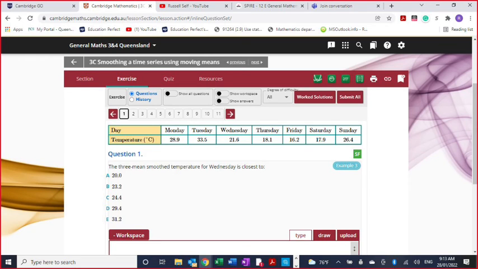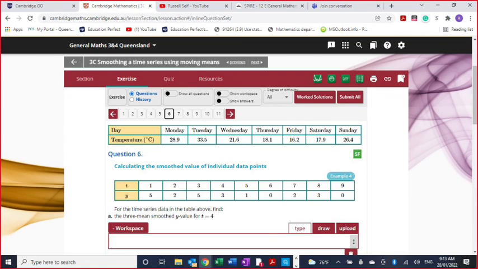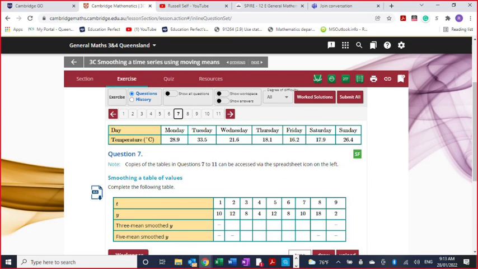So, for homework, let's see what we've got here. Easy peasy. Number 7, 2 mean smooth, meaning, remember, with the even ones you have to do it twice. That's a lot of them.